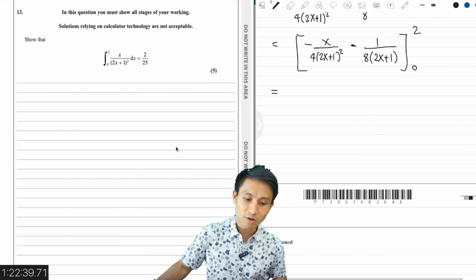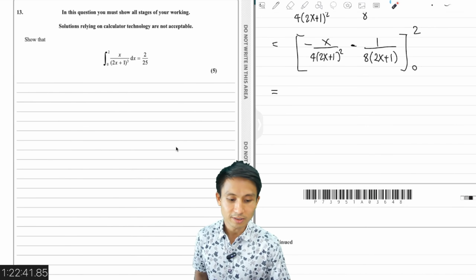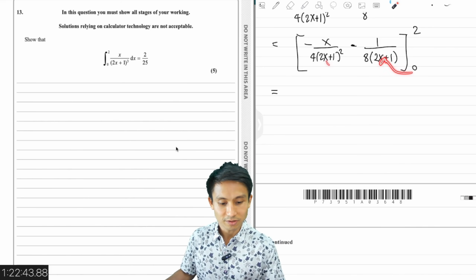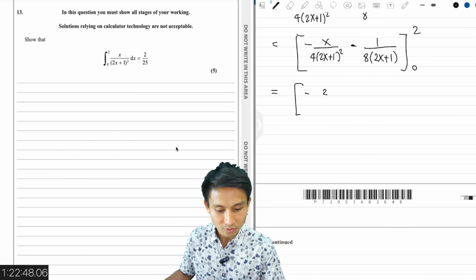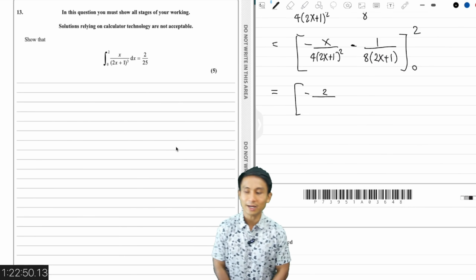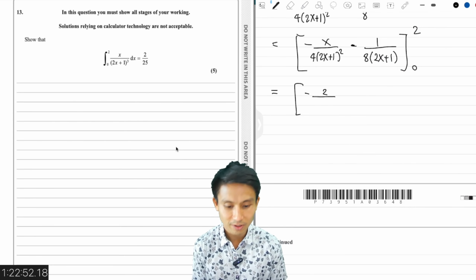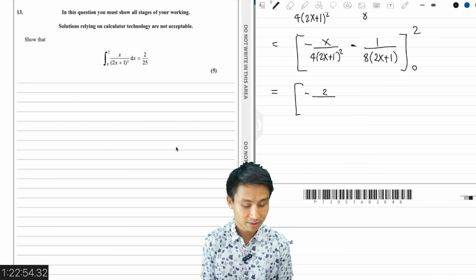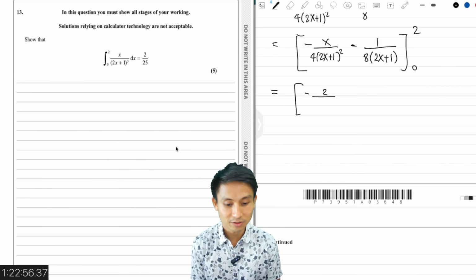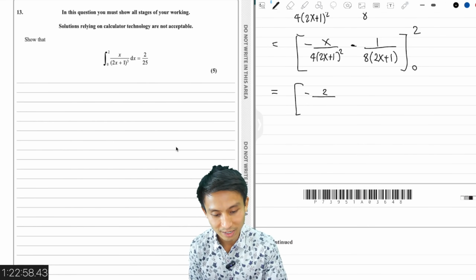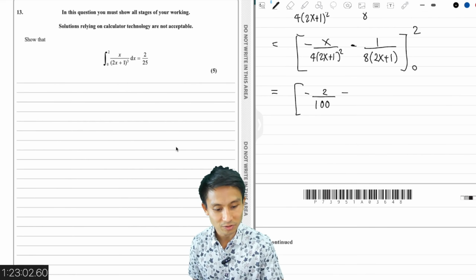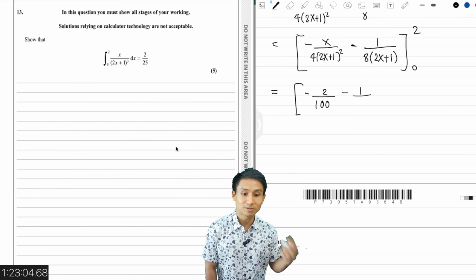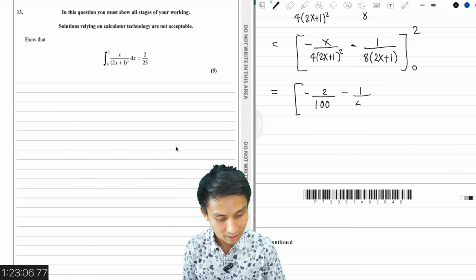So you're going to have what? Okay, so if we put 0 in first, just consider 0 first. Well, we're going to do both. So that's going to be minus 2 divided by, okay, so plugging in 2 in the brackets down there in the first term, we get 5 squared, right? 5 squared is 25, 25 times 4 is 100, so that's 2 over 100, minus the second term is 1 over, 8 times 5 is 40, yep.